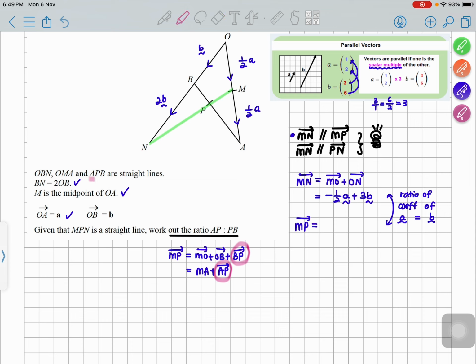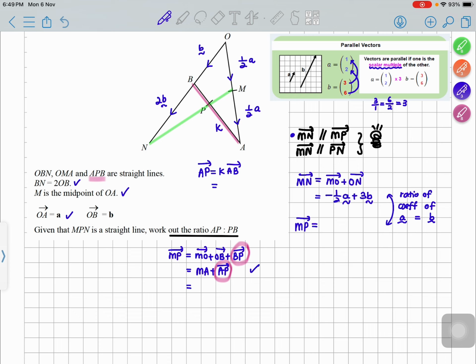The question is telling me ABP is also a straight line. If they are a straight line, it means they are also parallel to one another. So to make things easy, I am going to put a K here, a scalar, and I'm going to write AP is equal to K times AB. Okay, from here I am going to use the second statement to help me find my MP.